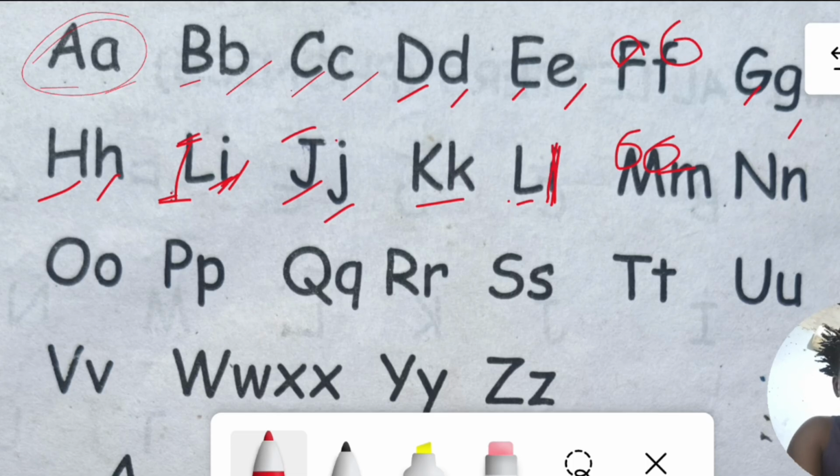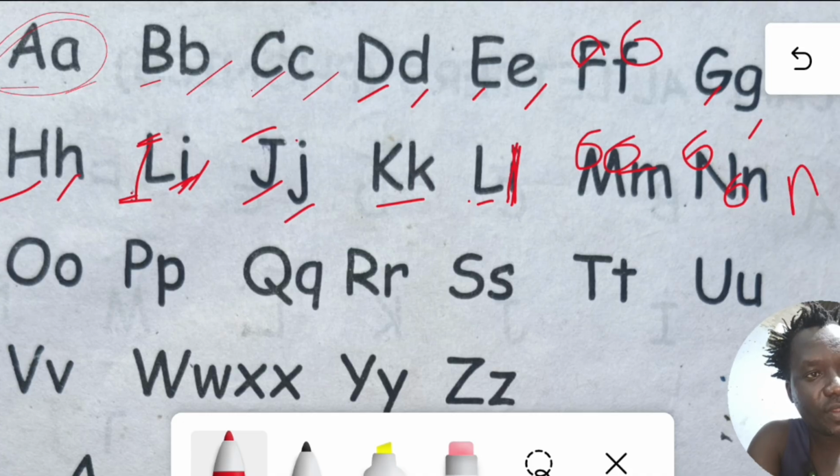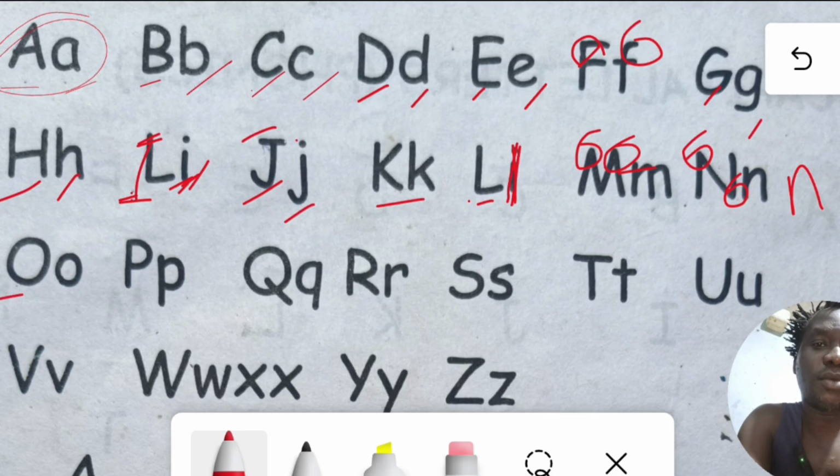And then capital N also has a sharp edge here, as you can see, but small n is curved. O, capital O and small o, the difference is only in size. And then capital P and small p, the difference is also in size. But Q is different.